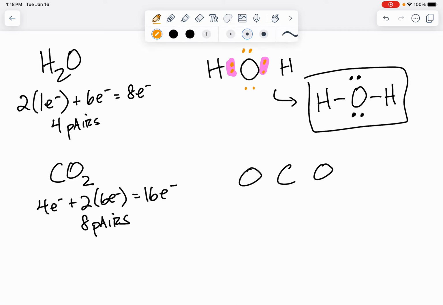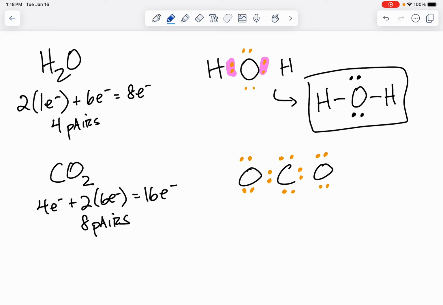And again, let's put in our lone pairs around the central atom. So 1 pair, 2, 3 pairs, 4 pairs. And then I'm going to start putting my other pairs around the oxygens. So I've used up 4, 5 pairs, 6, and then 7, and then 8, sort of splitting them up.